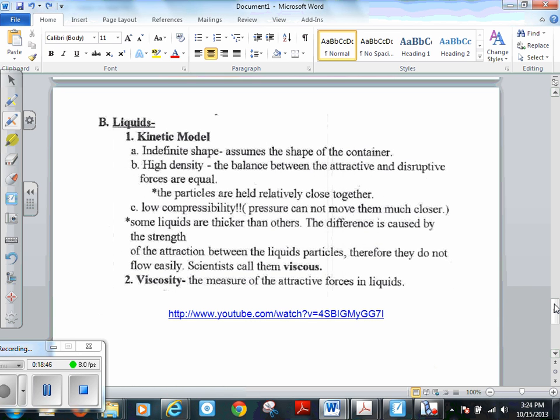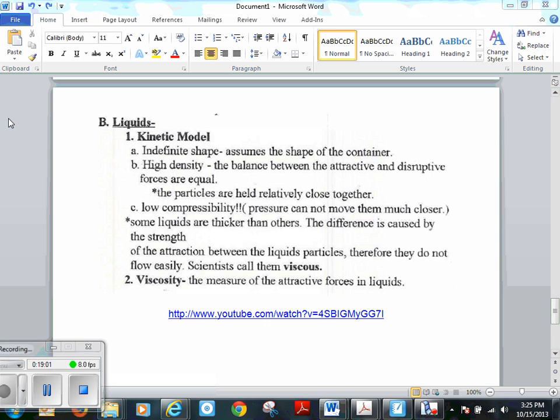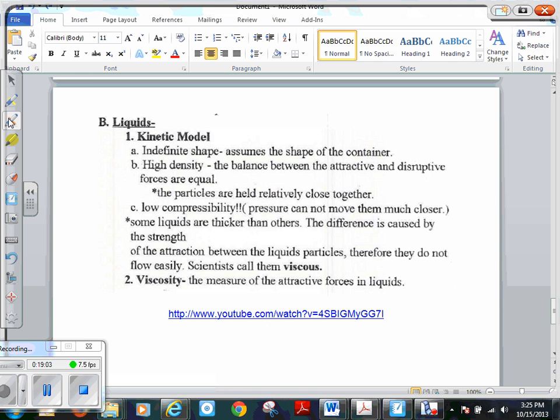Liquids are going to have higher temperatures than solids of the same substance. They're going to have less attractive forces. They're going to have high density, just like a solid. And one of the cool things that we know about liquids is this low compressibility. So we use those in hydraulics because you can't really compress a liquid any more, but it still can change shapes.